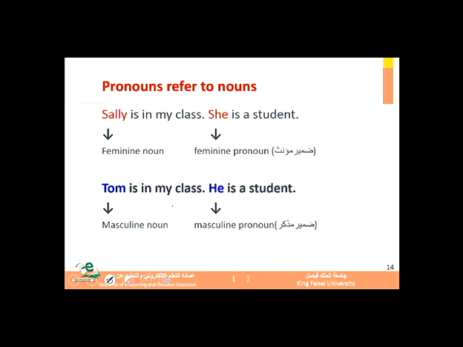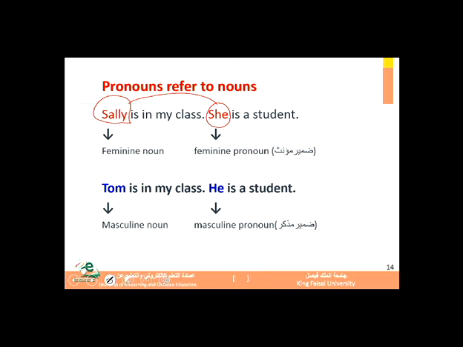This is something that we probably have explained before. Sally is in my class. Now, this noun can be replaced by a pronoun. She is a student. Now, when we talk about somebody, Sally is in my class, she is a student, people would realize that clearly this she refers to the word Sally.